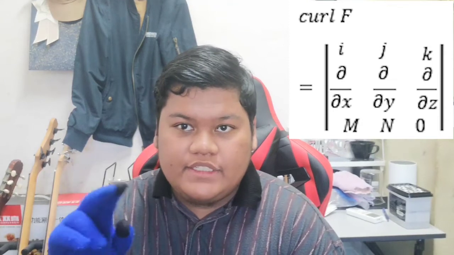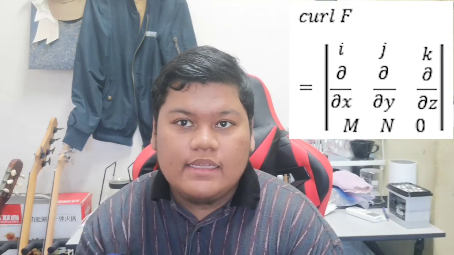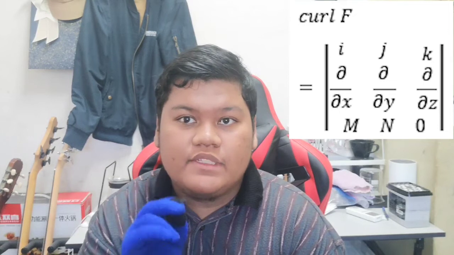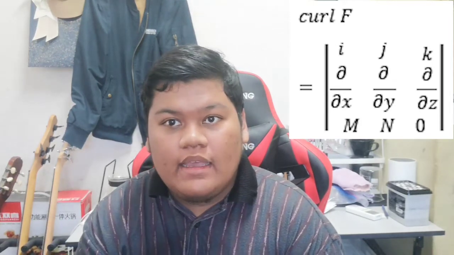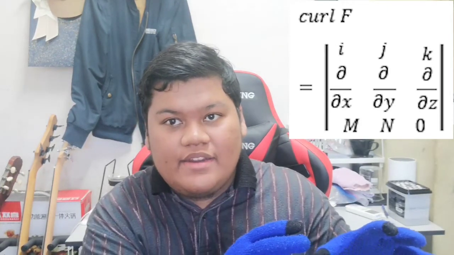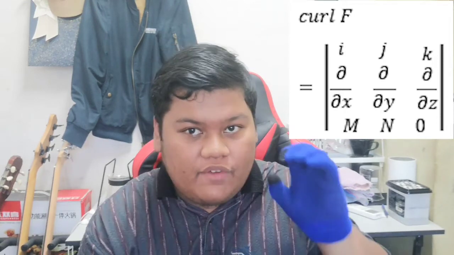Imagine this, an xy plane in three-dimensional space, where F(x,y) equals M(x,y) i plus N(x,y) j. Using the curl F from before, we can conclude that it is the determinant of i, j, k; partial derivative with respect to x, partial derivative with respect to y, and partial derivative with respect to z, and since there is no k component, therefore it's 0.